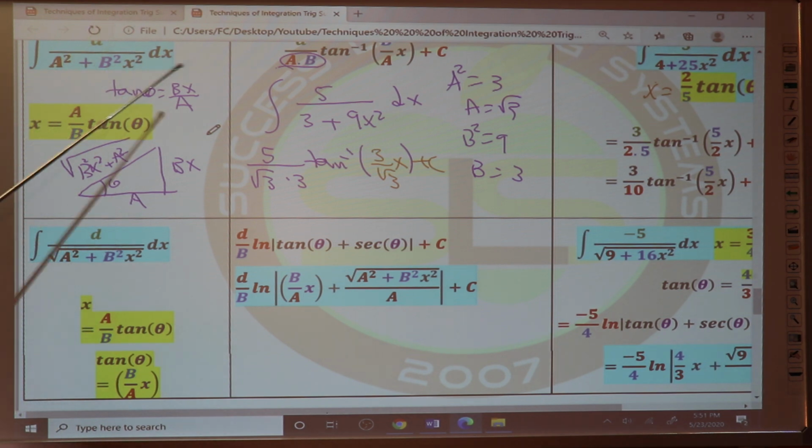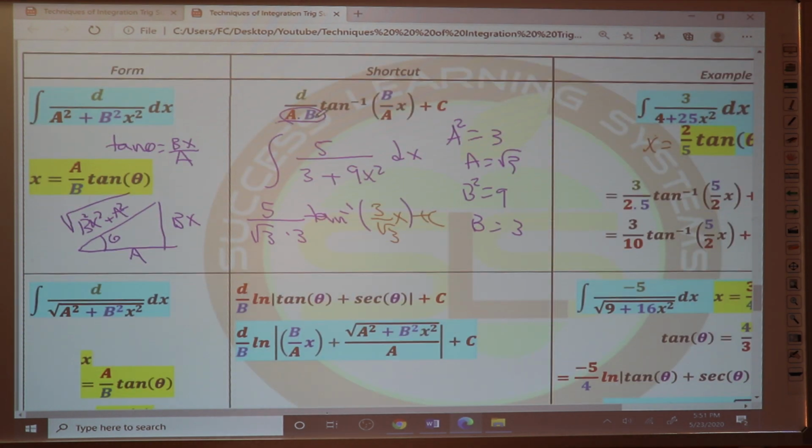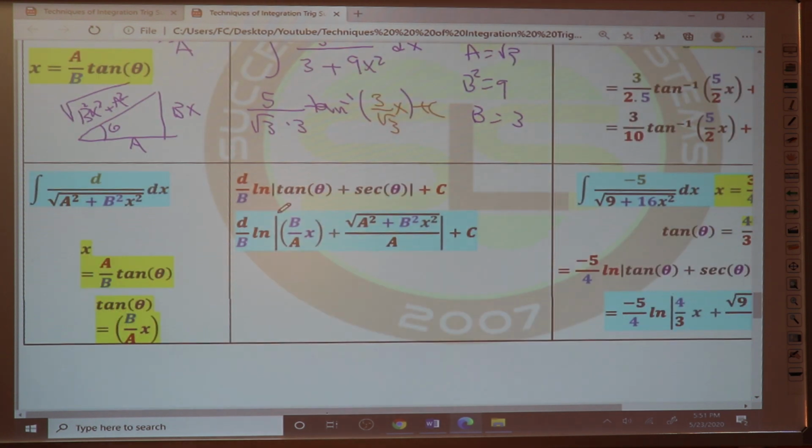But if you have no square root, the equation is easy, tan inverse b over ax, which is all these constants, a times b. Here in this case, if you have square root, look, this is the general form.